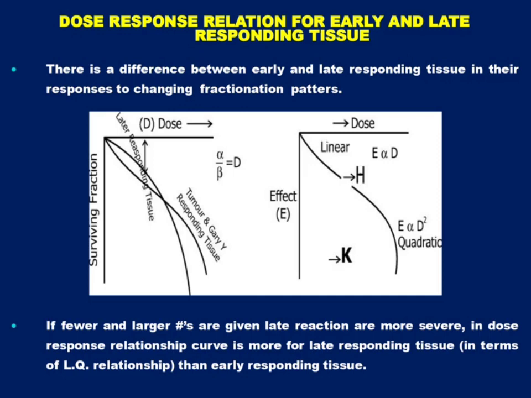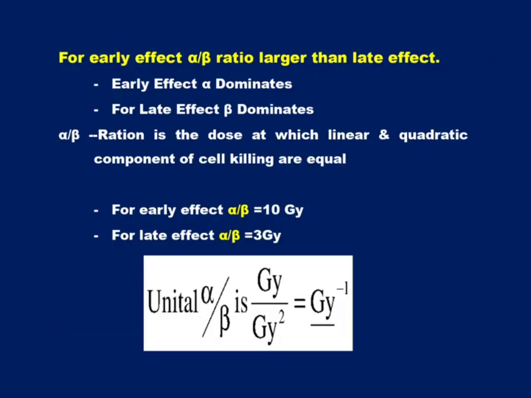So you see here, after 4 weeks in human tissue, extra dose was required to curb this, because the curve rises again due to accelerated repopulation. The extra dose for proliferation is sigmoidal. All the tissues of the body do not behave like skin. In fact, early responding tissues are like skin, epithelium, intestinal mucosa, and sometimes tumor as well.